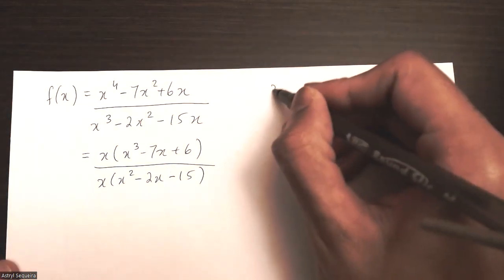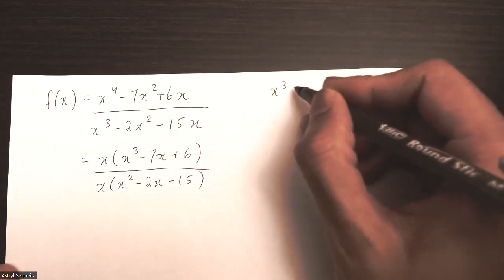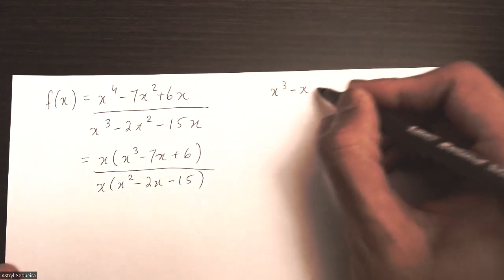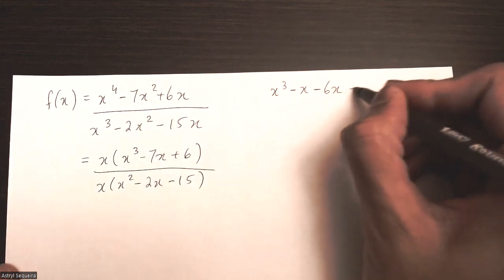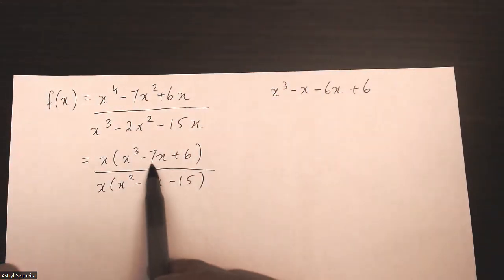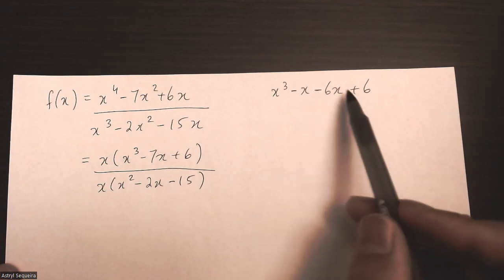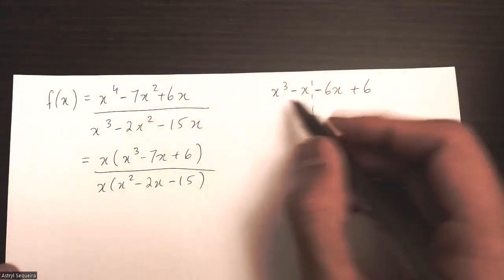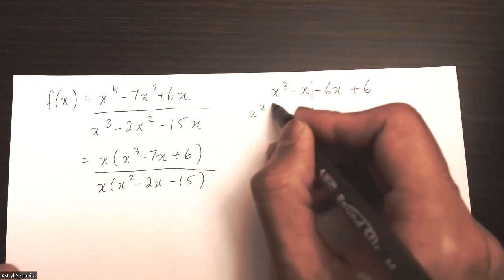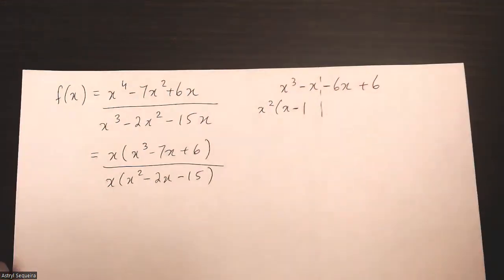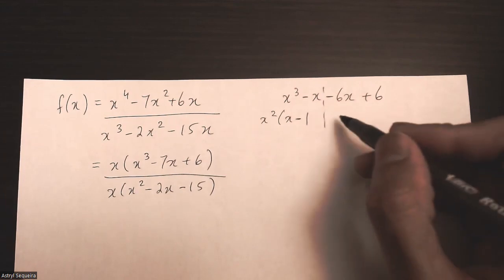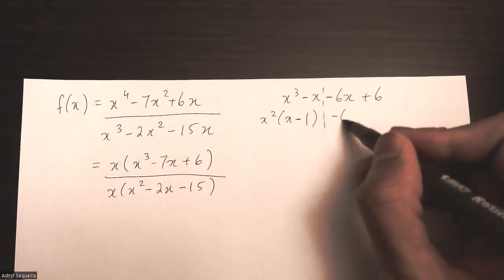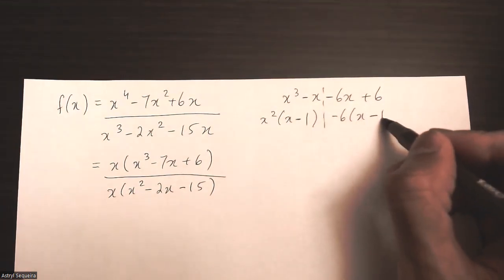I can rewrite this as x cubed minus x minus 6x plus 6. So I just broke down the negative 7x into these two terms. And now I can factor by grouping. So over here, I'll common factor out an x, and I'm left with x squared minus 1. And over here, I will factor out a negative 6, and I'm left with x minus 1.